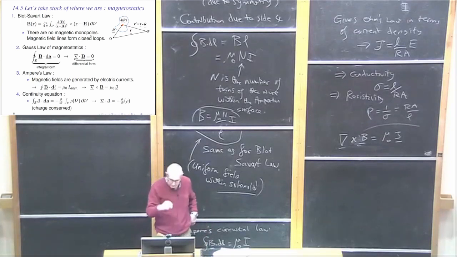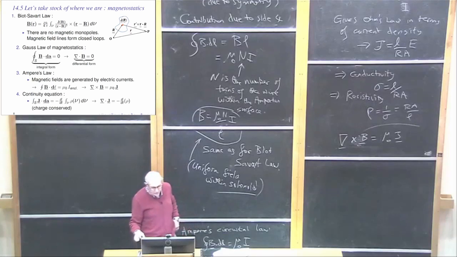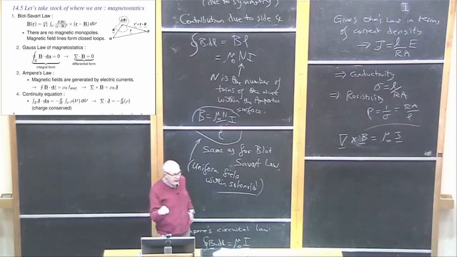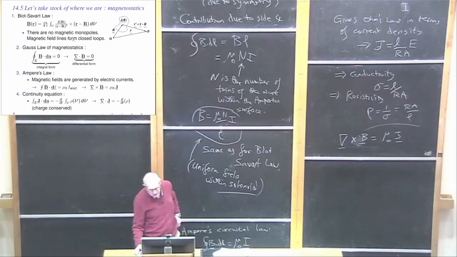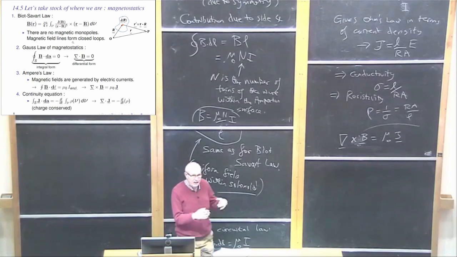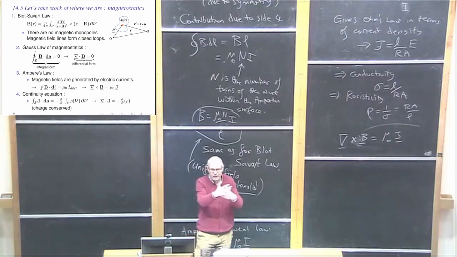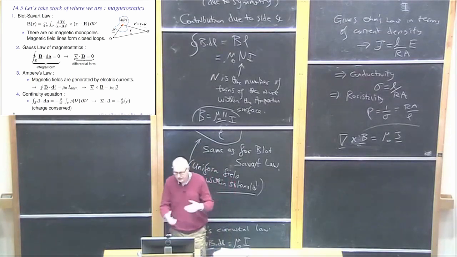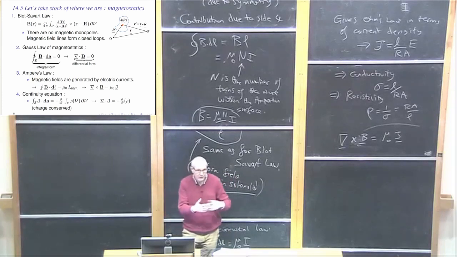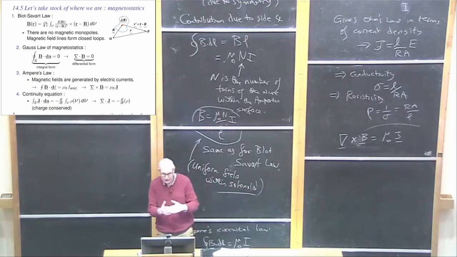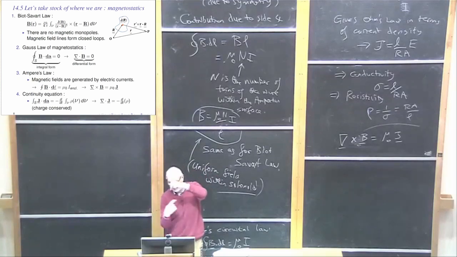Unlike the electric field, the magnetic field has no magnetic monopoles. The magnetic field lines form closed loops, and this is because the magnetic field is always perpendicular to the radius vector to the current that's causing it.